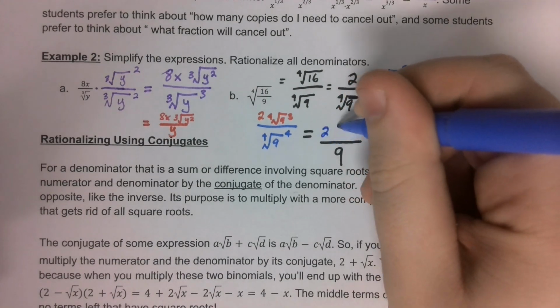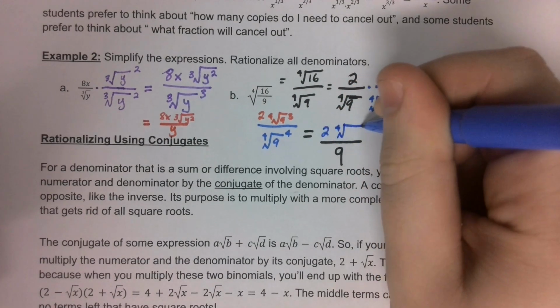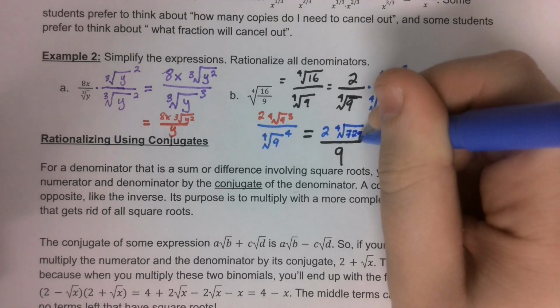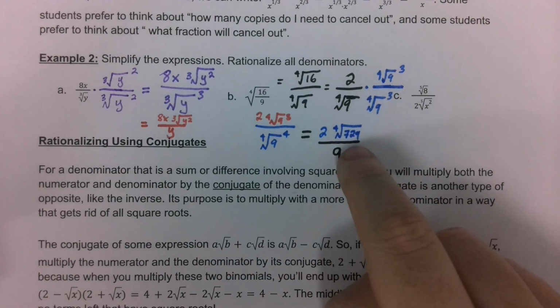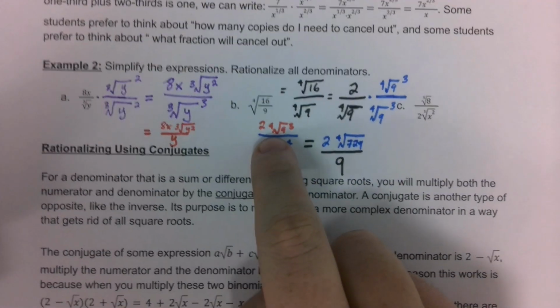So we can write this as 2 times the 4th root of 729 over 9. Now, is the 4th root of 729 a perfect 4th? No, it's not. But sometimes on a test, you might see your answer written like this, or like this.